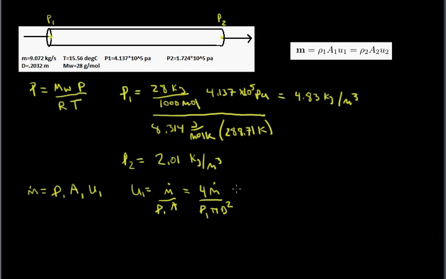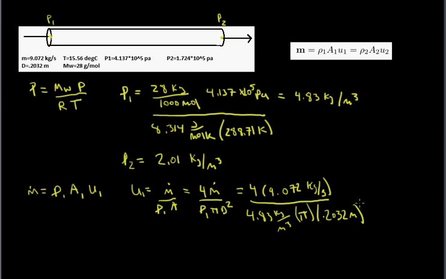So let's plug that in: 4 times 9.072 kilograms per second, divided by a density of 4.83 kilograms per meter cubed, times pi, times our diameter squared, which is 0.2032 meters squared.